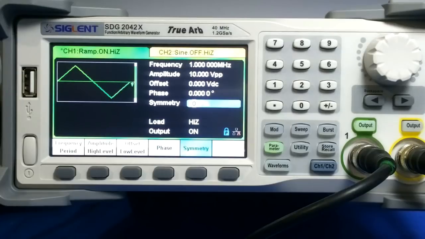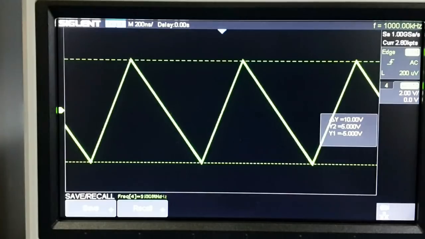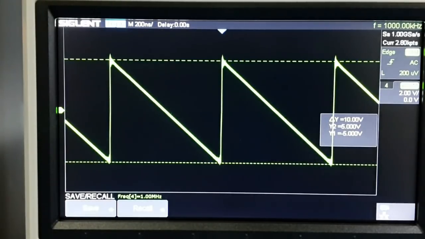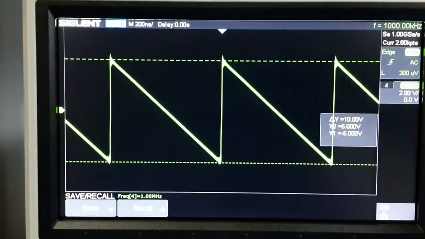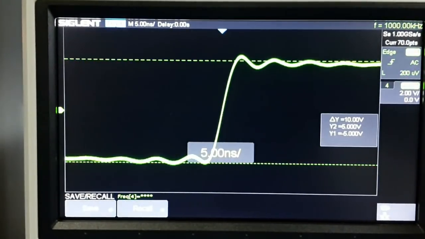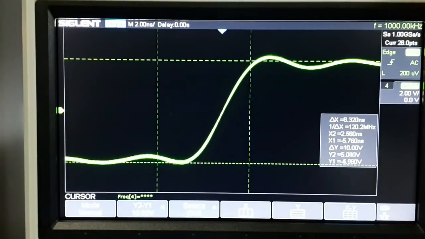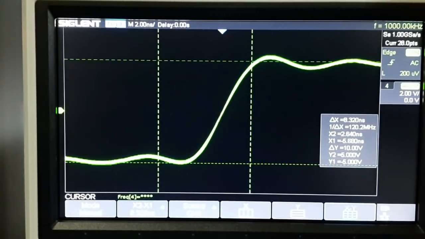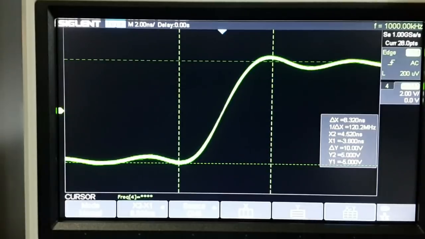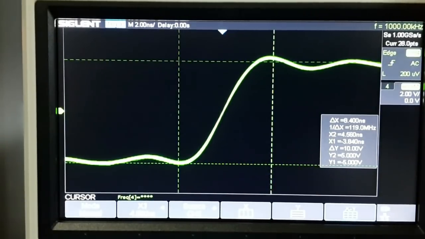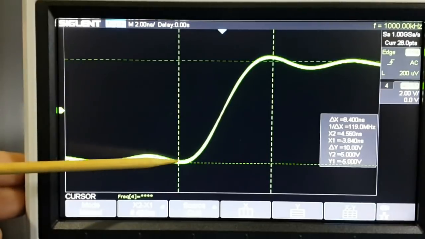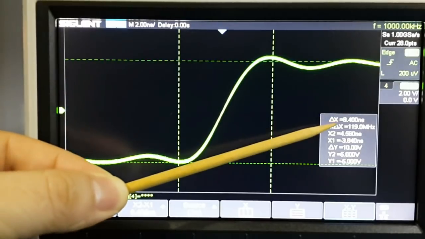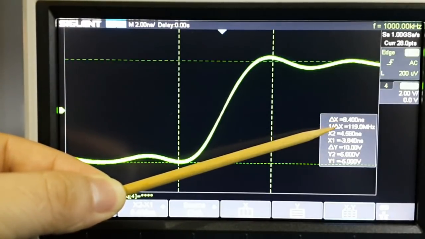In 10 volts peak to peak, now let's search for our 8.4 nanoseconds. There is here the time from 0 to up, 8.4 nanoseconds.